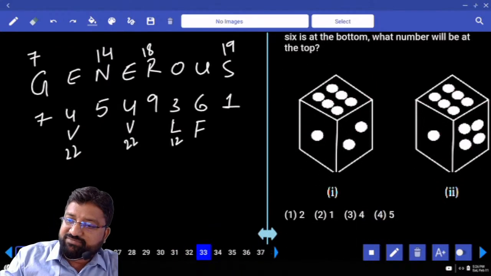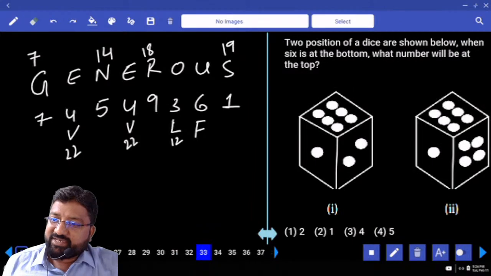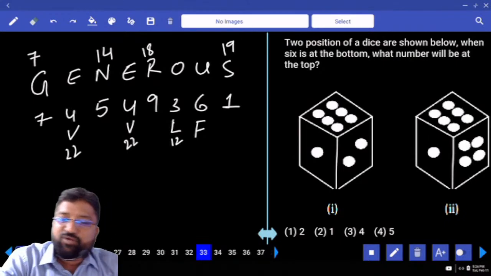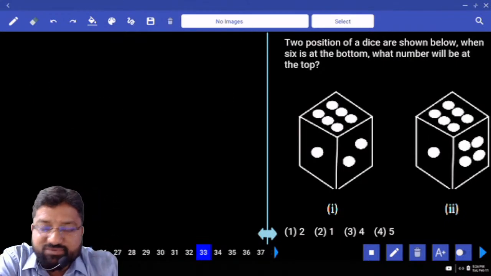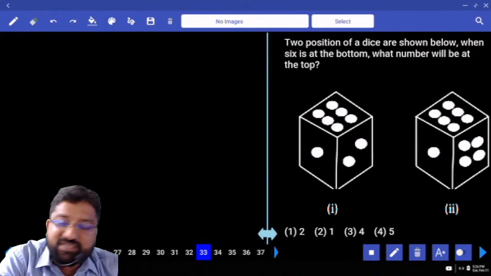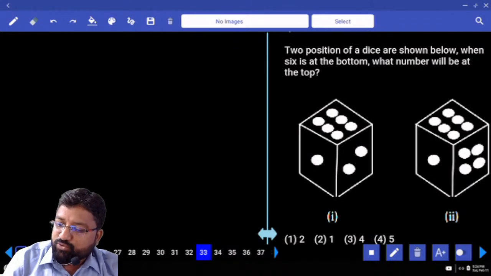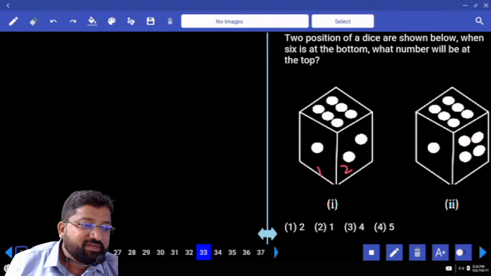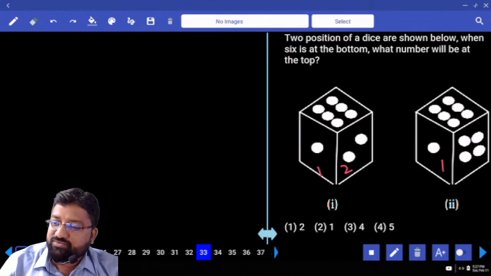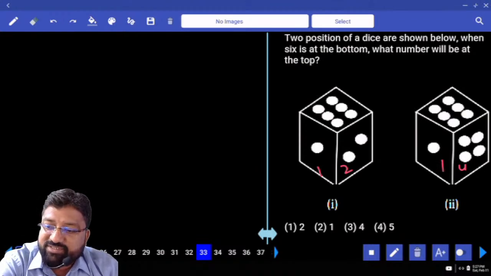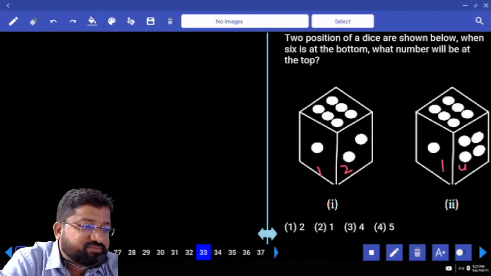Now this is a question which says 2 positions of a dice are shown below. When 6 is at the bottom, what number will be at the top? It is simply asking us what is opposite to 6. 6 is adjacent to 1 and 2 here. 6 is also adjacent to 1, and now what should this 6 be adjacent to?